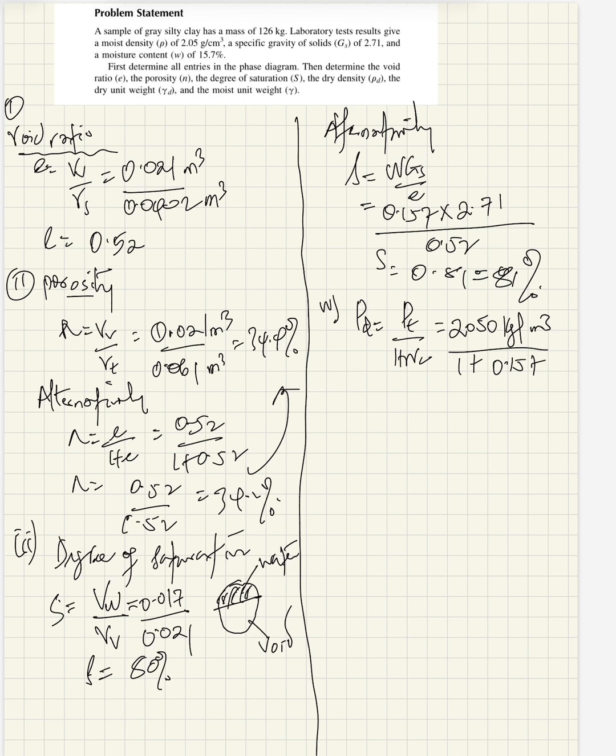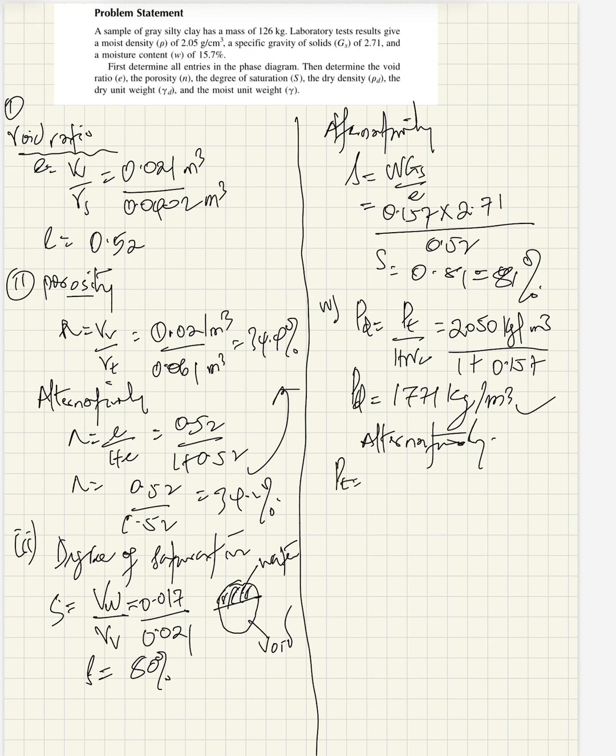So if you do your math very well, the dry density is 2050 divided by 1 plus 0.157. So dry density equals 1771 kilogram per meter cube.